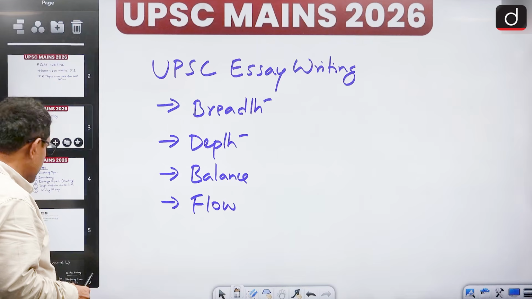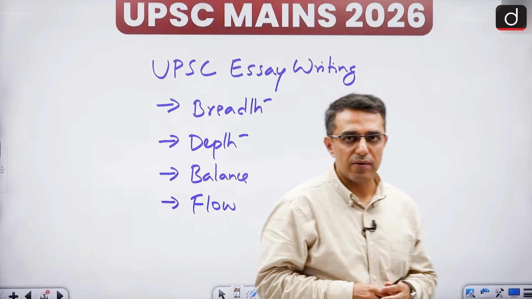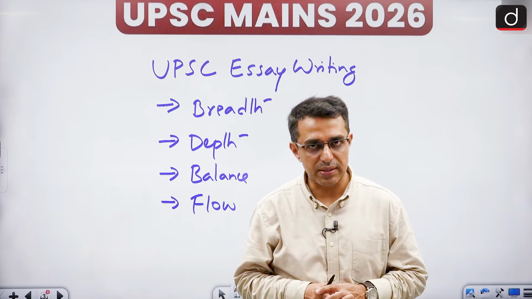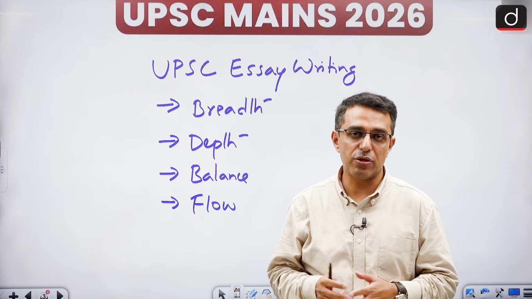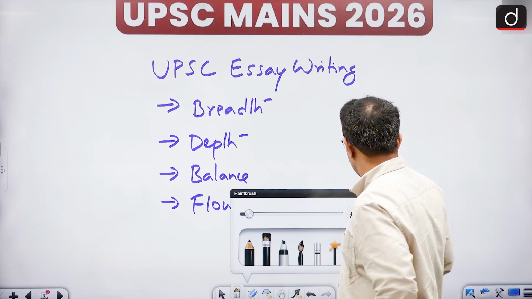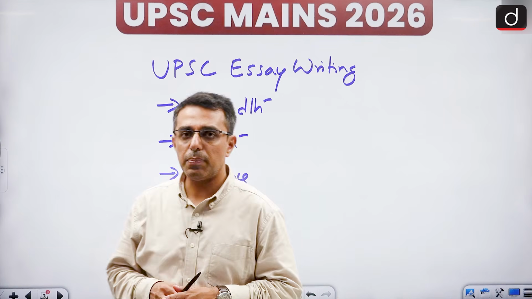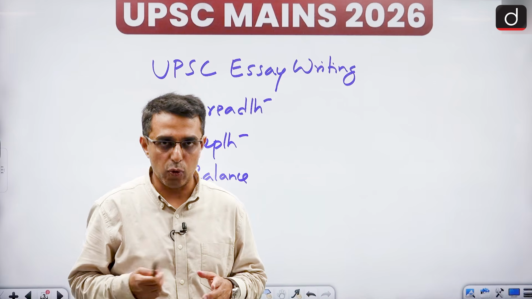What does UPSC want in our essay? So basically there are 4 things which should be there in our essay which can help us in fetching good marks. So one is the breadth. Now what do we mean by breadth? So breadth basically means the multiple dimensions that we can explore, right?